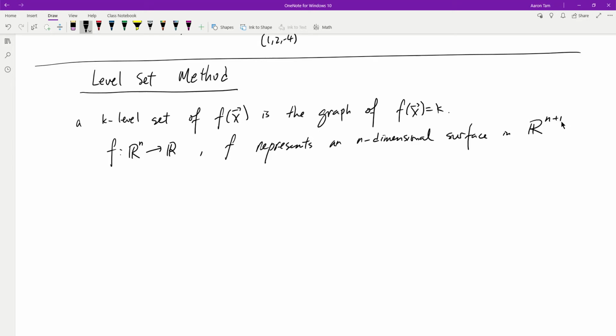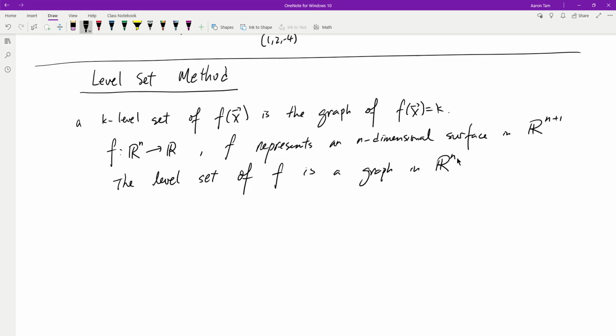Okay, now however, here's the interesting thing. The level set of f is actually a graph in R^n only. Now, why? The reason is simple.